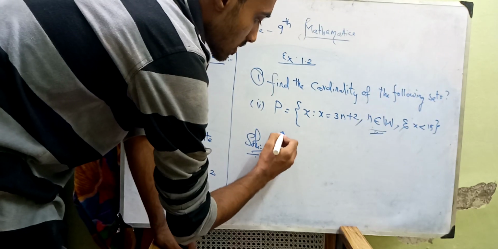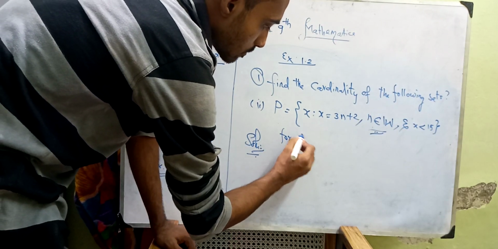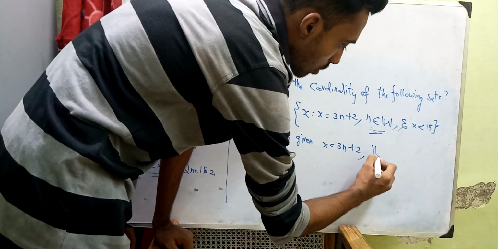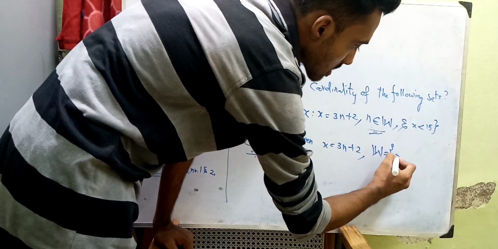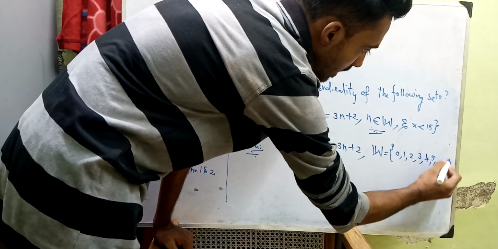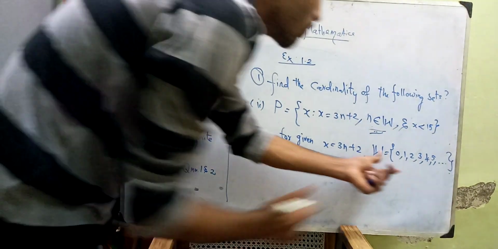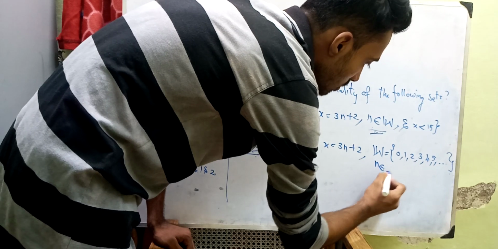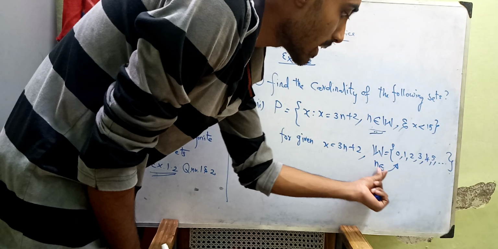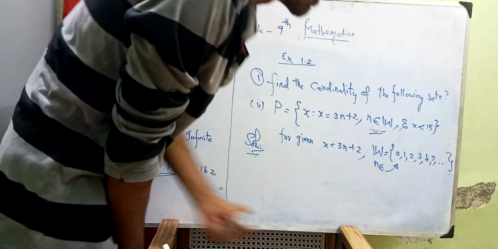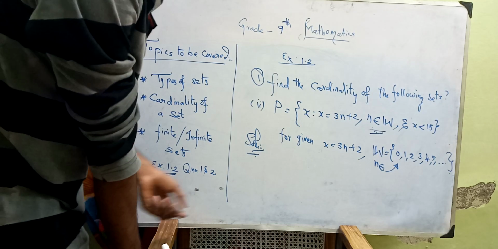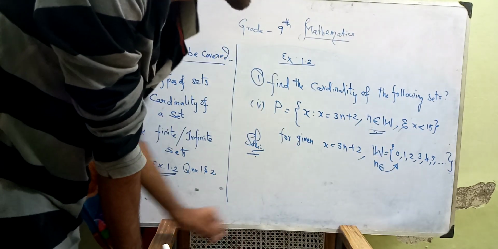So first, for the given X equal to 3n plus 2, n a whole number, we know whole numbers are 0, 1, 2, 3, 4, 5 and so on. So we select n from here. n belongs to, in the sense this small n belongs to this family, this collection. n is 0, n is 1, n is 2, n is 3, whatever you want you can take because it belongs to that family, right?